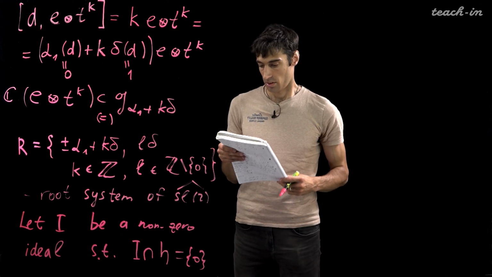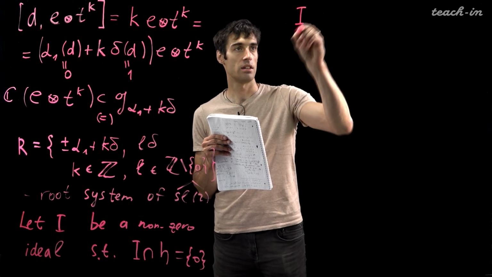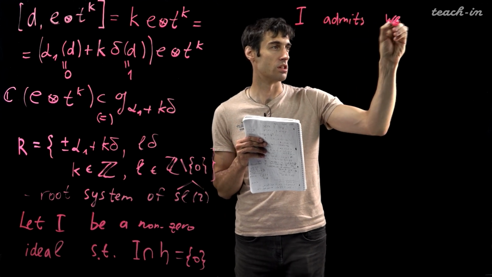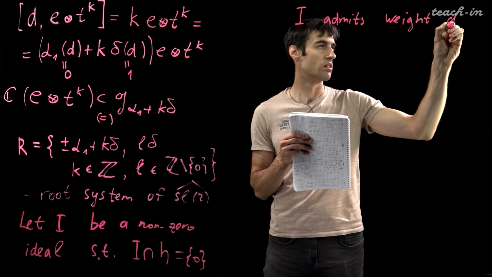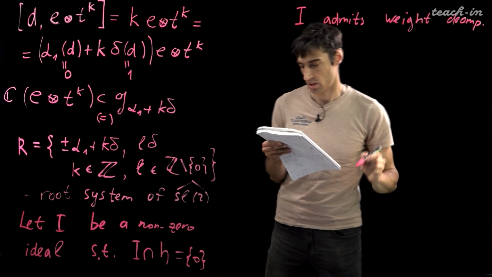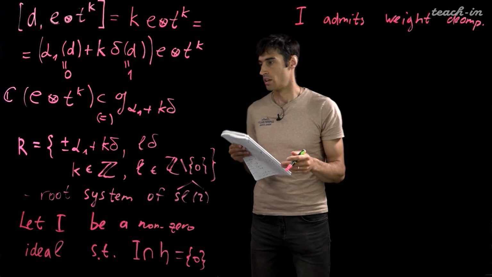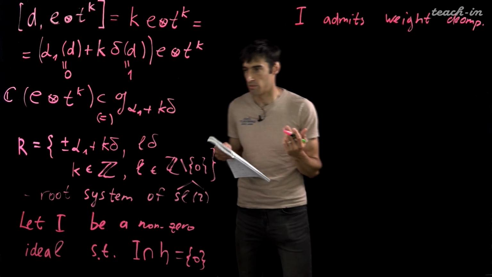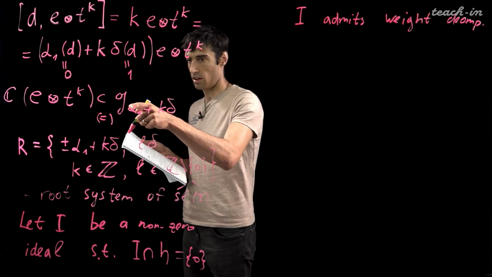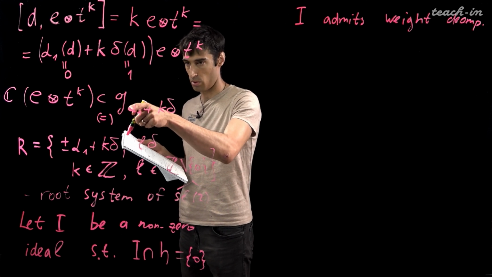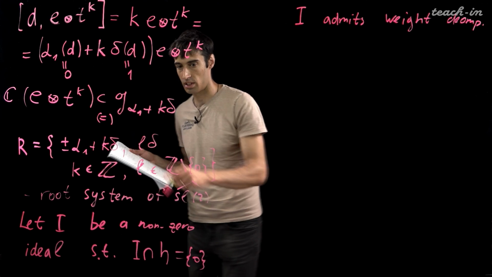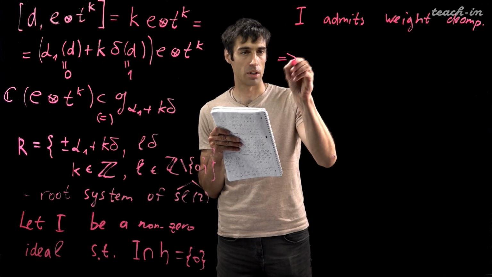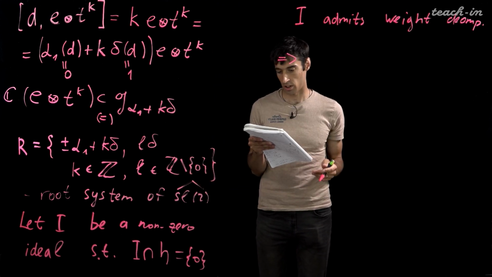So let me put it on the board. I also admits weight decomposition. So it means that we have at least one weight vector, at least one element of g_lambda, where lambda is from this set. But we know all weight vectors actually, right?